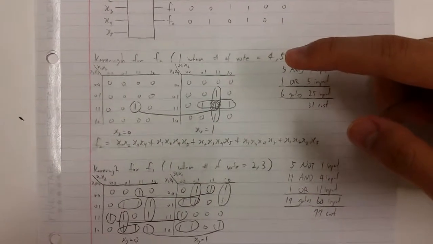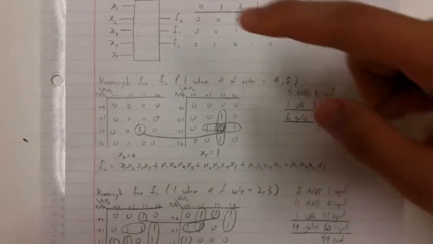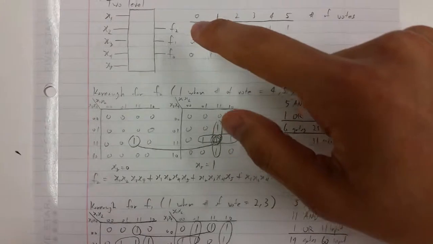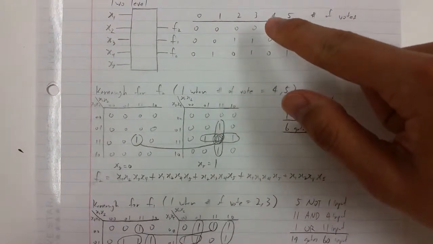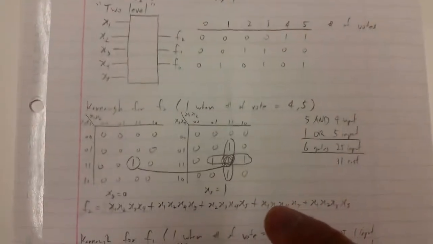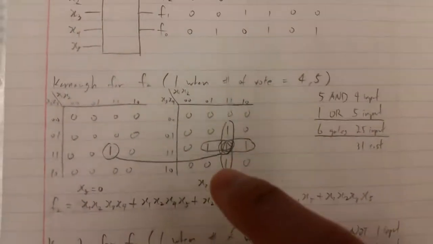First was making a kernel map for each f2, f1, f0 variable. f2 is 1 when the number of votes is 4 or 5. And I actually made a simple table over here to list all the numbers of votes in each slot of the kernel map, so I can translate into this map easier.